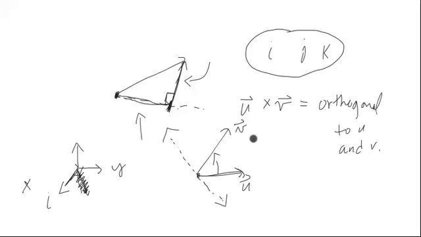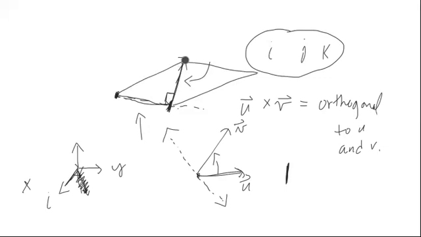And one more thought on the cross product. If you happen to have a unit vector, with this rotation deal, but then we put the length of u back in, what ends up happening is we get the height of a parallelogram when it's a unit vector.